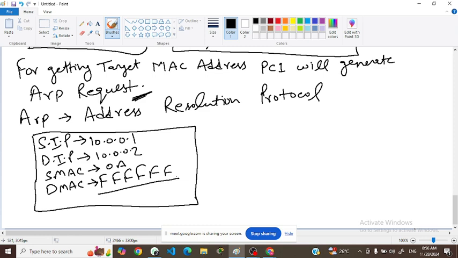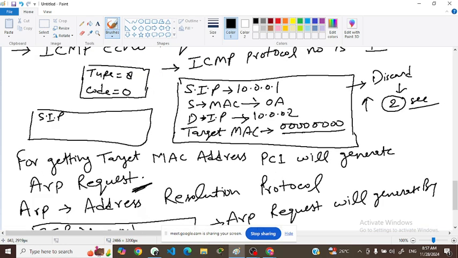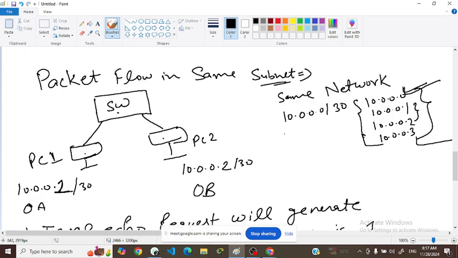Okay, so the ARP request will be generated by PC1, and now this ARP request will reach the switch from PC1.